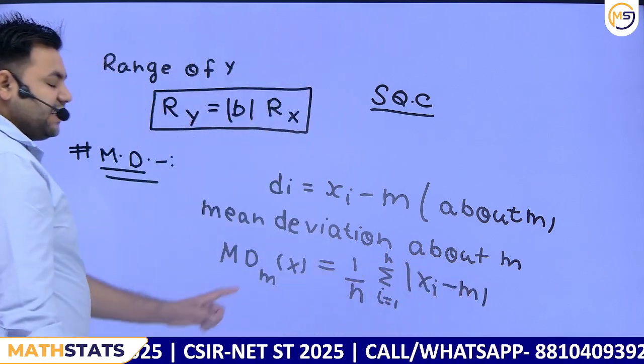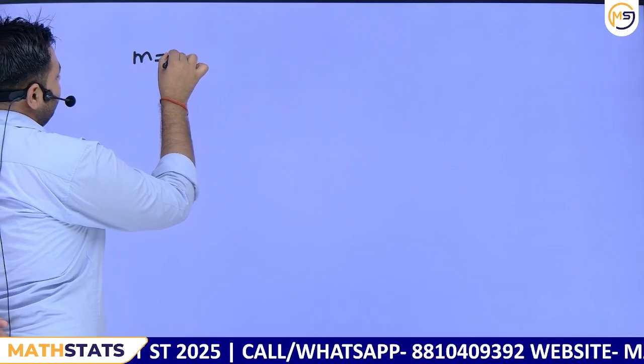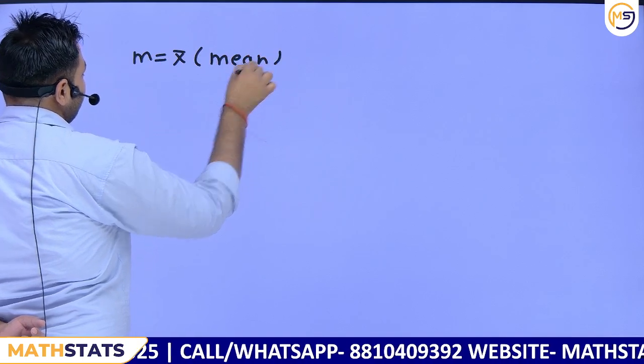This is mean deviation about m. Now we put the value of m equal to x bar and median. If m equals x bar, meaning the mean, then we find the mean deviation about the mean.